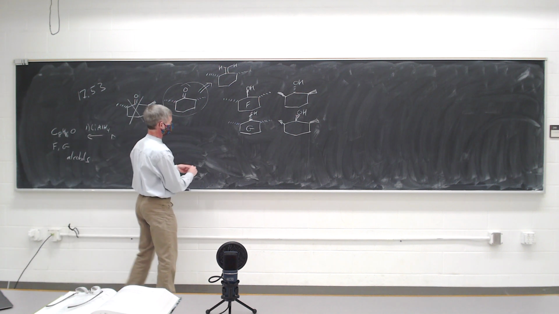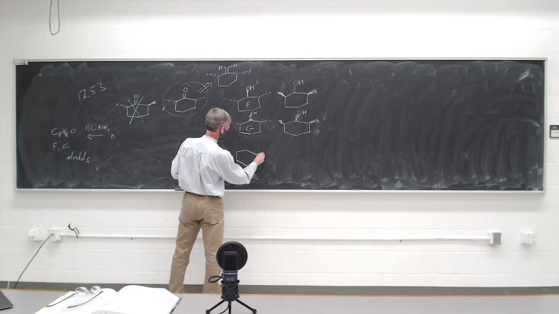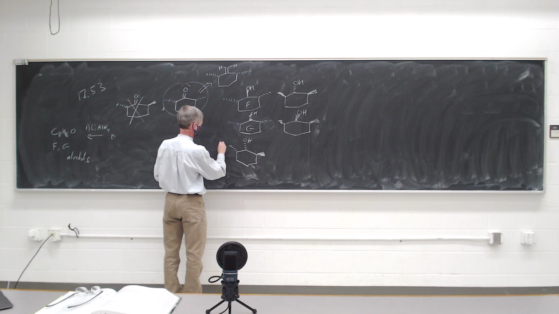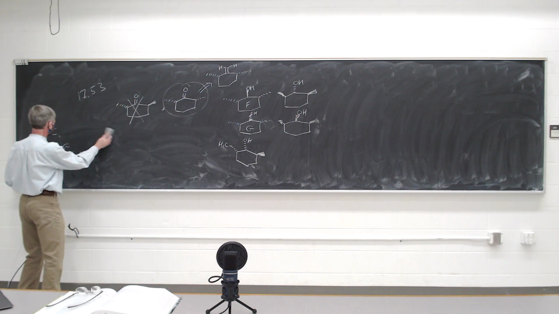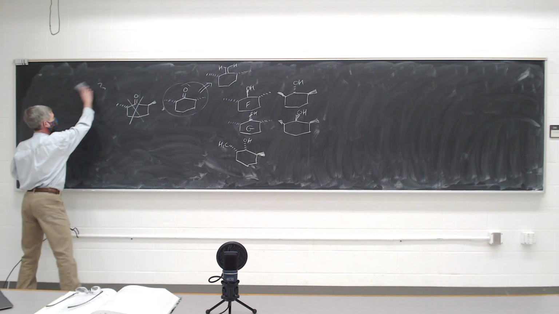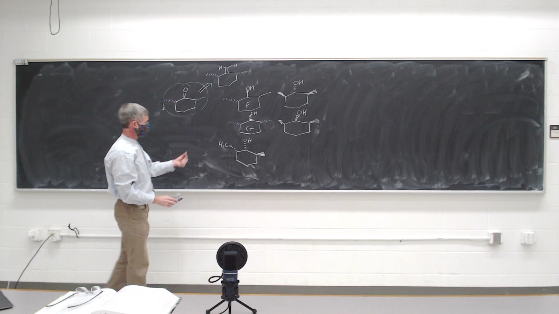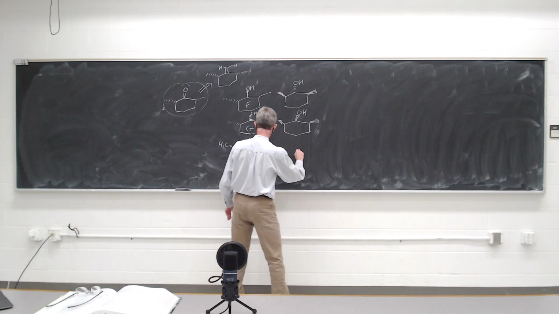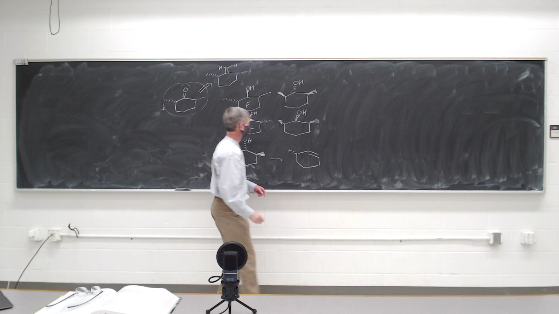Right, so all of these products, the other one, well, there is only one other one, right? Because if you flip the stereochemistry, you get the same product. All of these are going to eliminate to give you the same compound. You're going to dehydrate that to generate this.